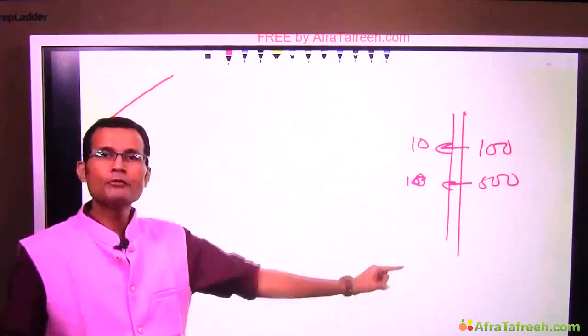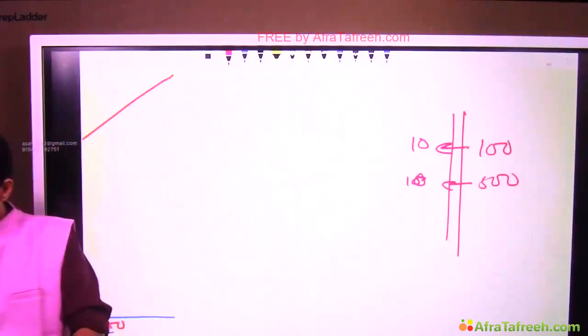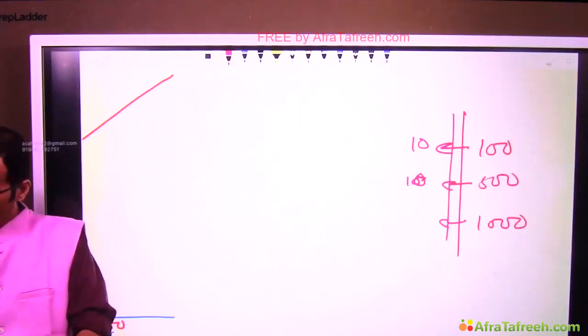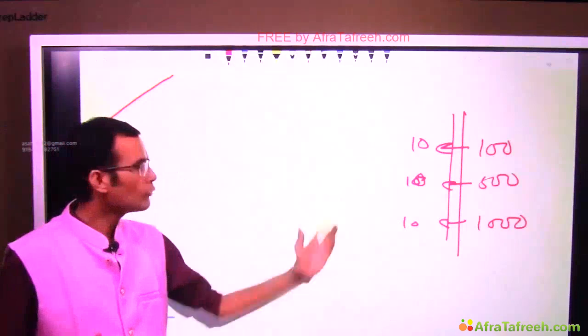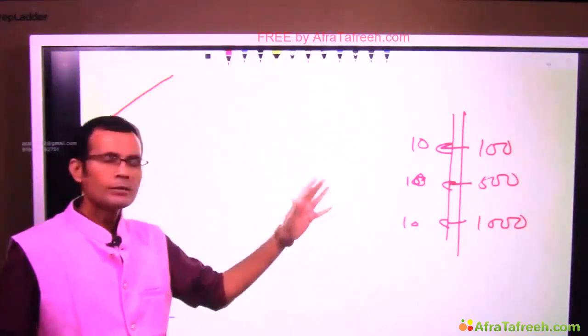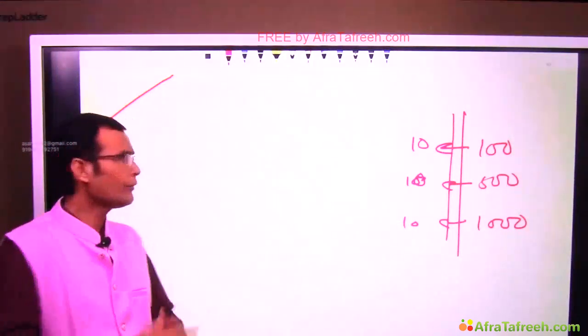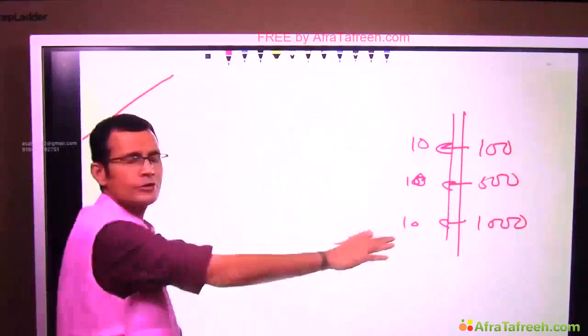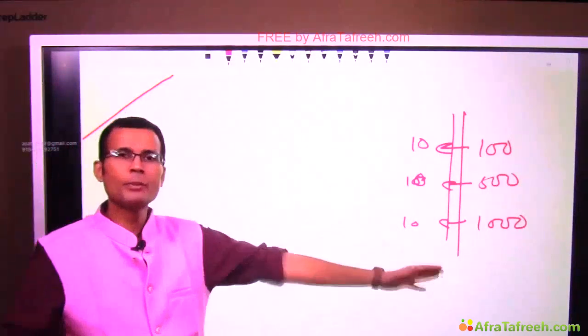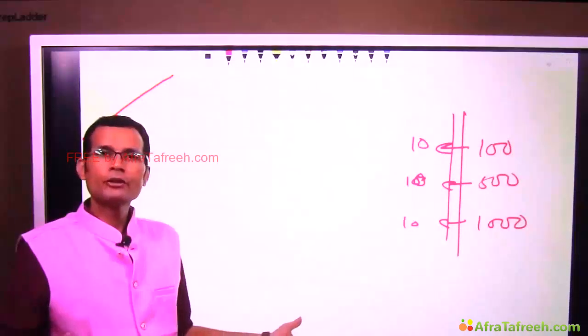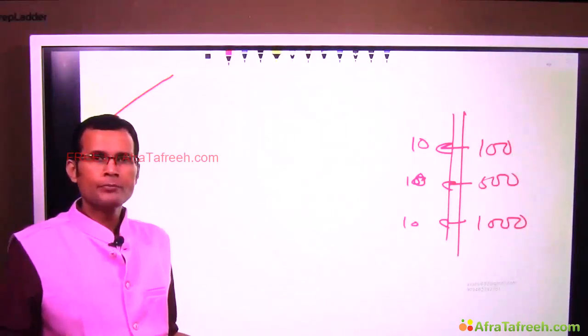The rate of simple diffusion will increase. 1000:10. Concentration increased further on one side of the membrane. The rate of simple diffusion will further increase, and it will go on increasing. If you increase the concentration on one side of the membrane, the rate of simple diffusion will go on increasing.